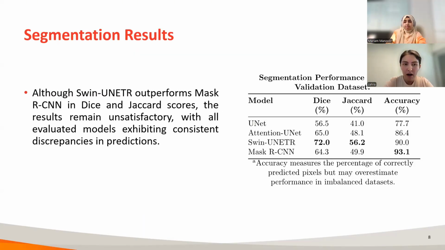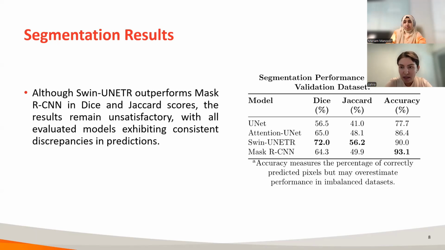For the segmentation part, first we tried to evaluate the outputs of Mask R-CNN. As we saw the discrepancies in the outputs, we tried to analyze other segmentation models that aren't based on the region proposal approach. We tried U-Net and different variations of U-Net, like adding attention gates and using a transformer-based encoder for the U-Net.